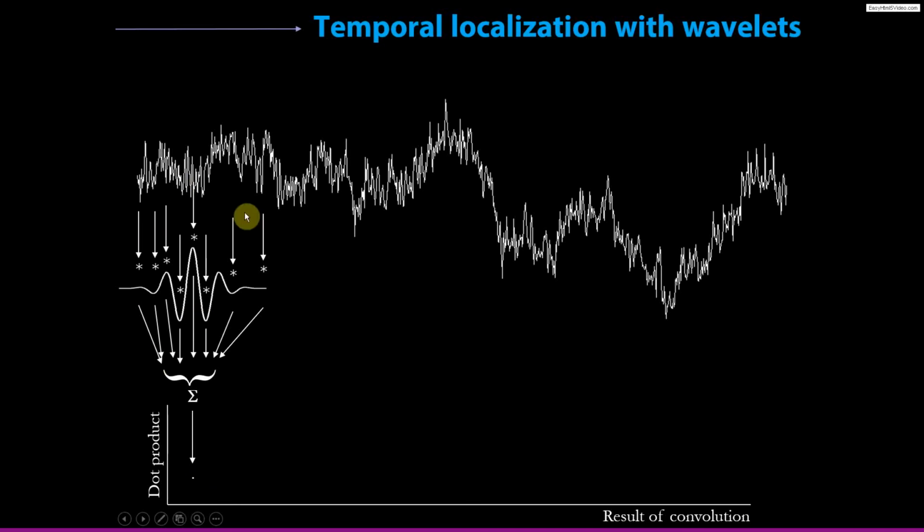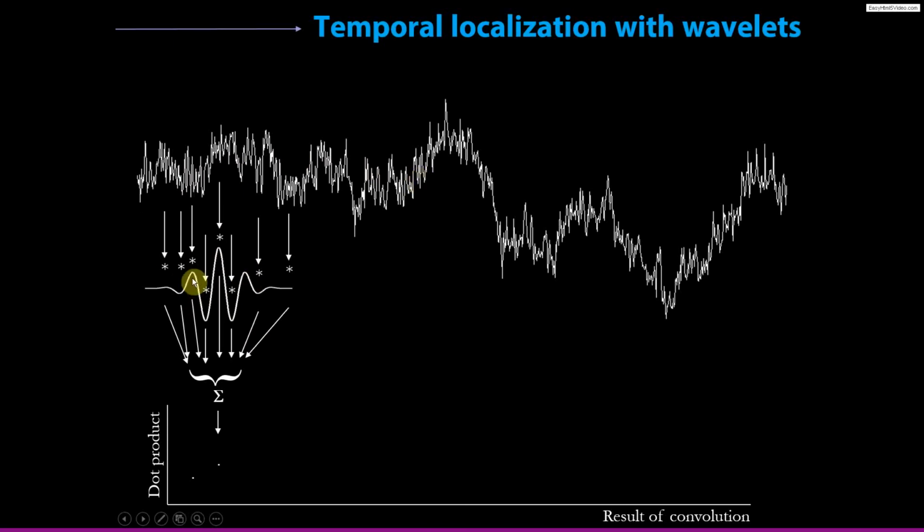Okay, so this is one step of convolution. The next step is to keep the data exactly the same, and we take the kernel and we just slide it over by one time step. Now here, of course, I moved it over quite a bit, but that's just for illustration purposes. In practice, you move the convolution kernel over by the smallest time step that you have, so just by one time unit. And then you repeat the whole procedure again.